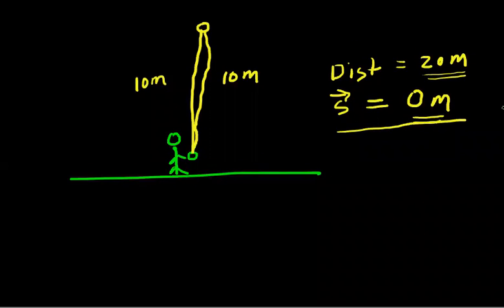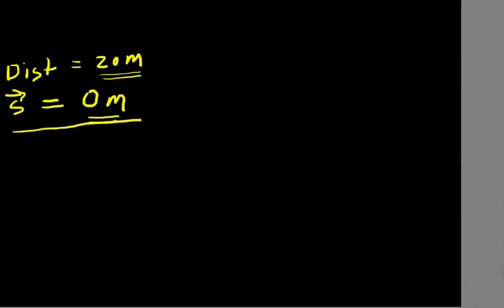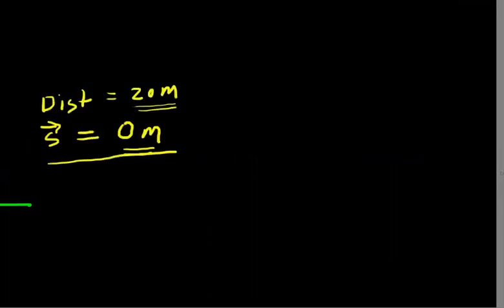Let's take one more example to show that displacement can be equal to 0. Let's say a body is traveling in a circular path, moving in circles. Let's just draw that. A body starts from point A, travels in a circular path and again comes back to this point B. This is the ending point.